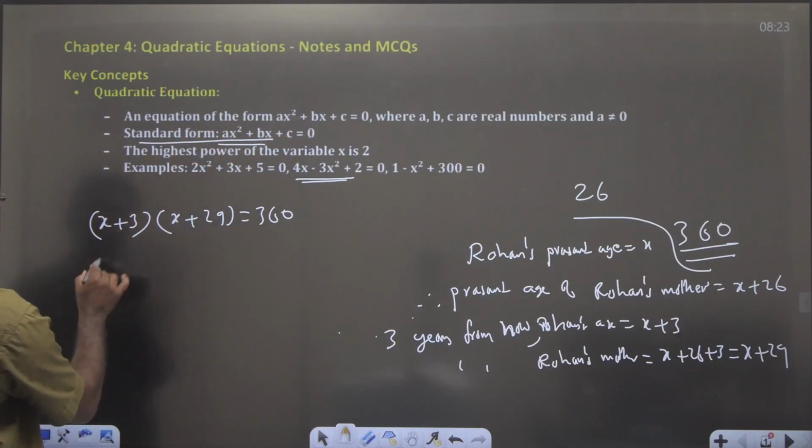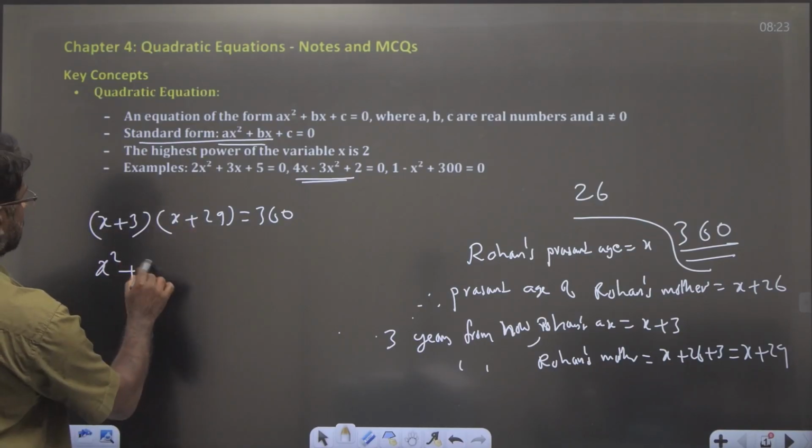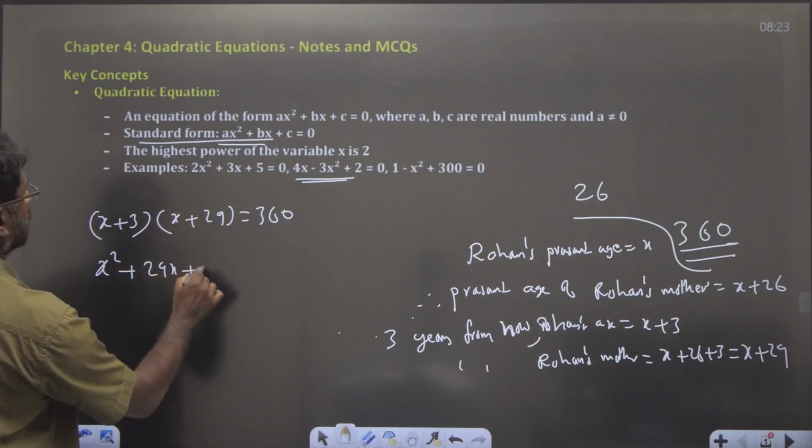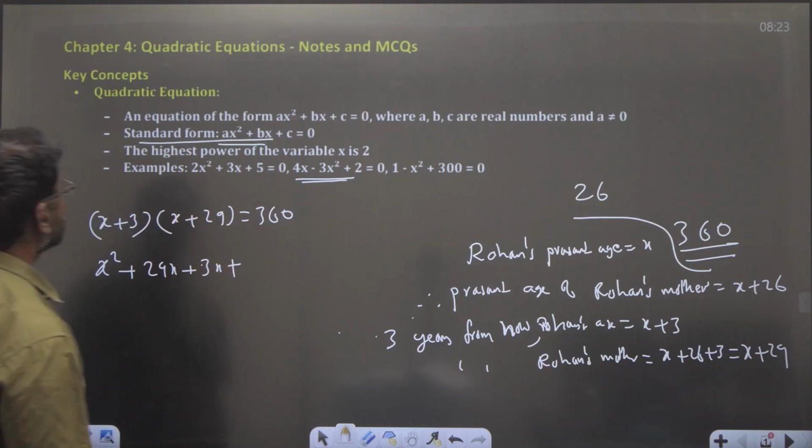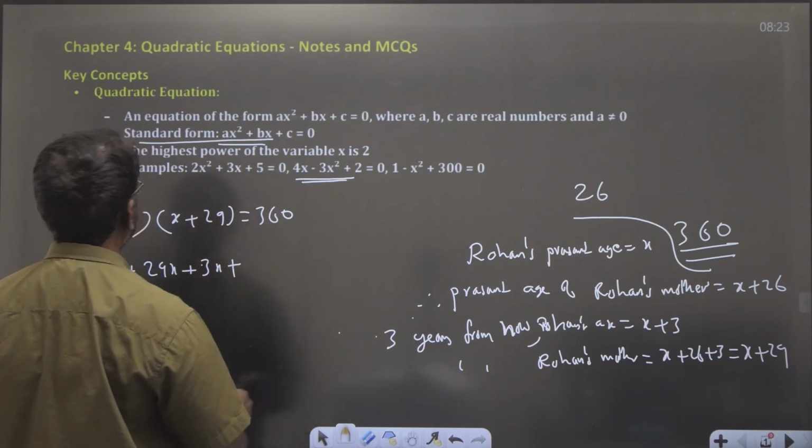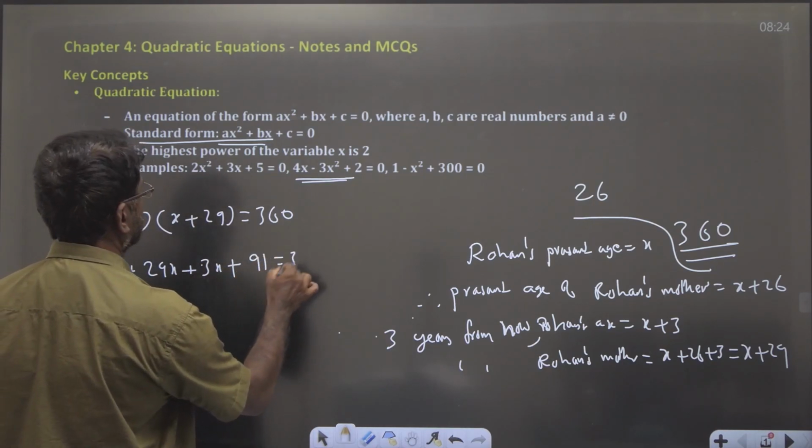That is, x into x, x square plus 29x plus 3x plus 3 into 29, that is 87, equal to 360.